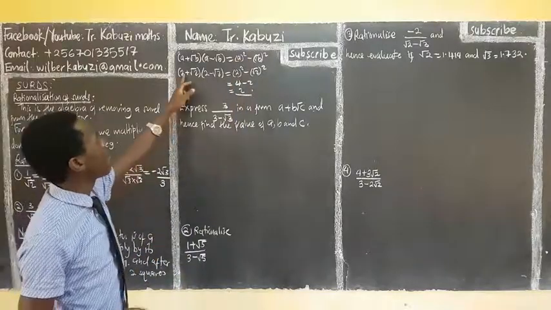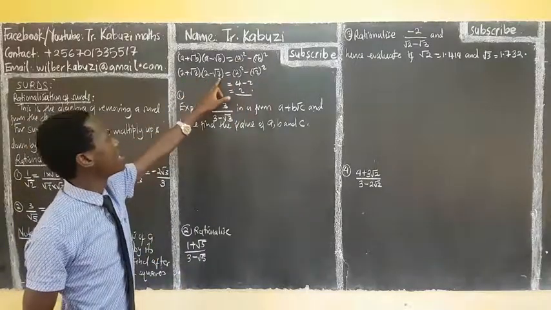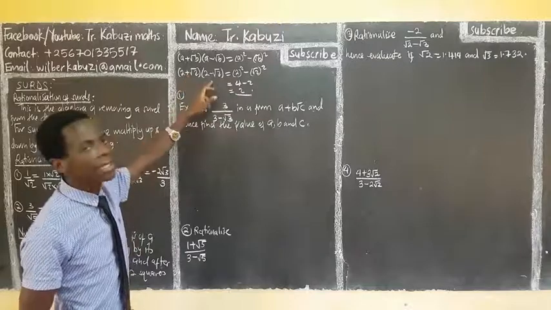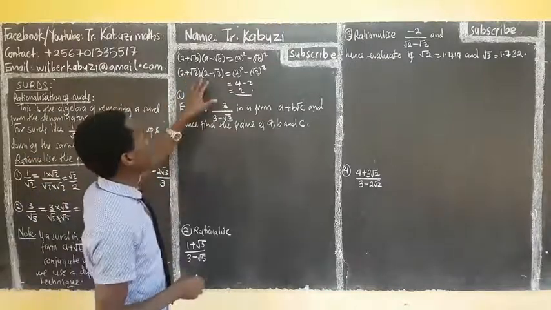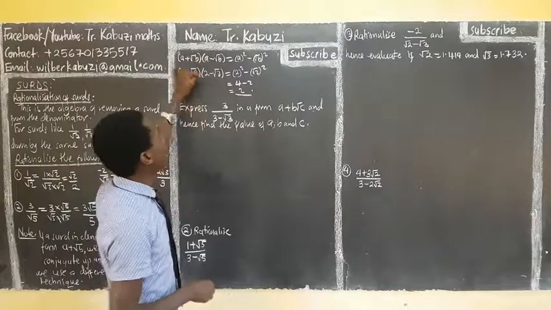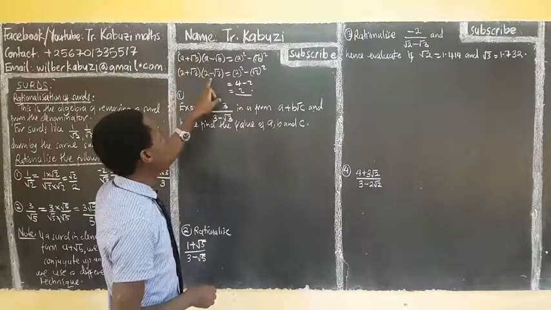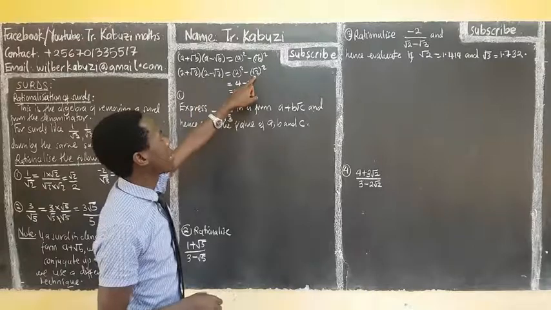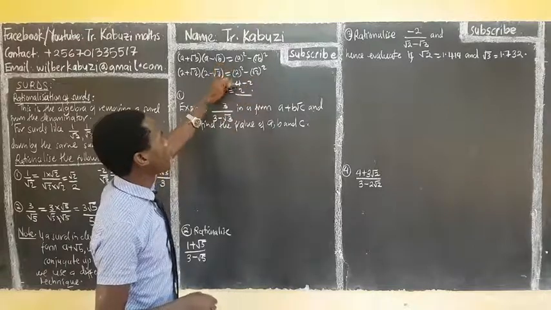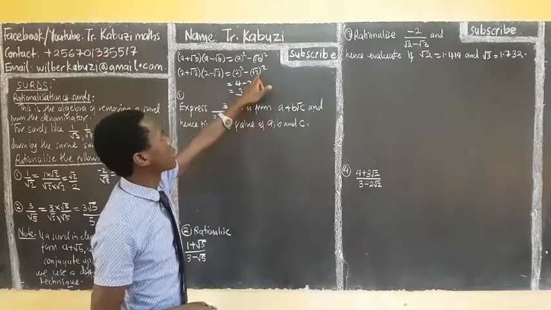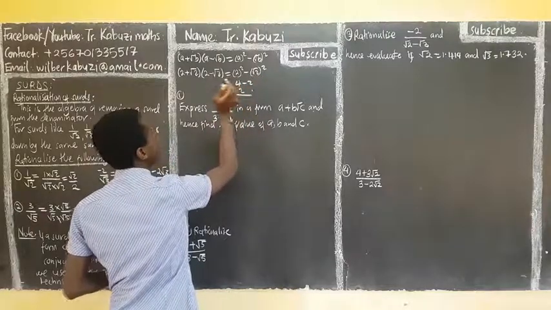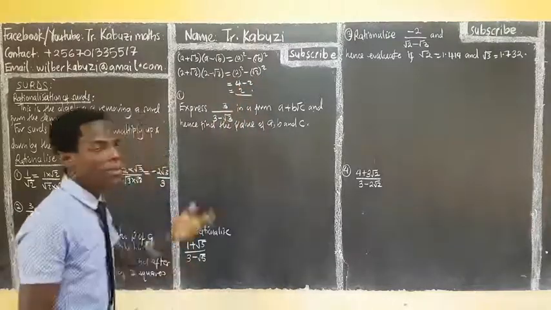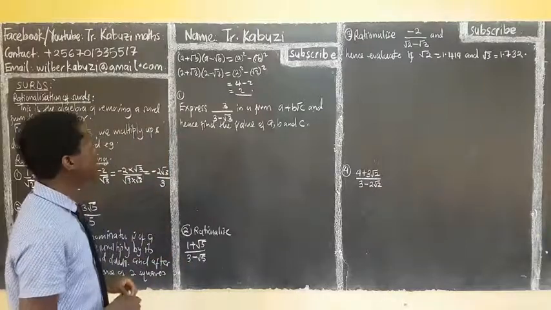When you square 2, you get 4. When you square root 2, the square goes with the root and we have 2. 4 minus 2, we get 2. I think we saw that in the last lesson.